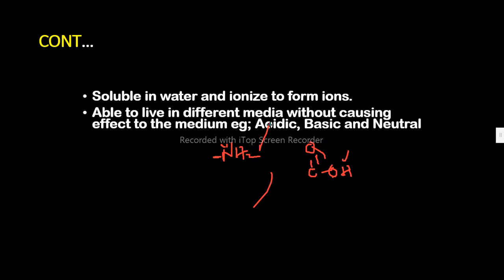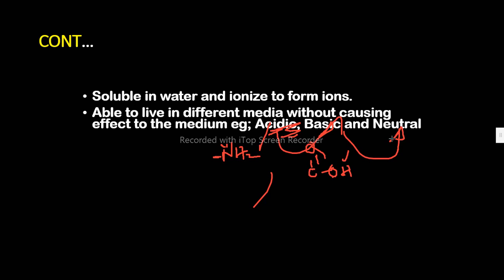However, in different conditions, it has different appearances. This amino acid or this protein in acidic medium will be in a different format. But when you change it from acidic medium to basic medium, it will also change the format. And you put it in neutral medium, it also changes. So if the amino acid is okay in an acidic medium, then let it stay there.